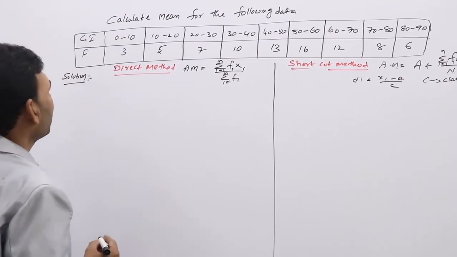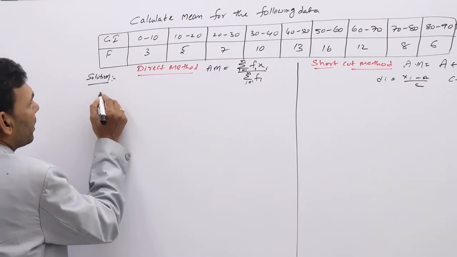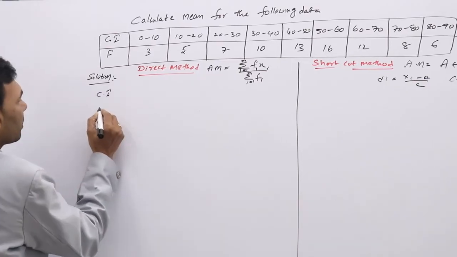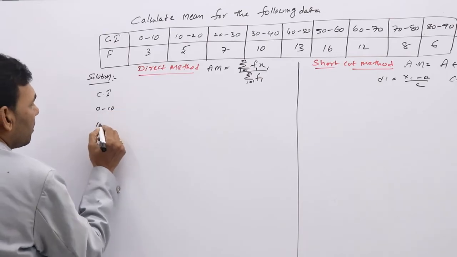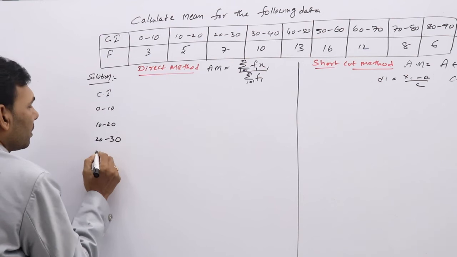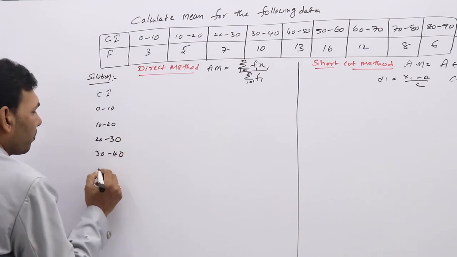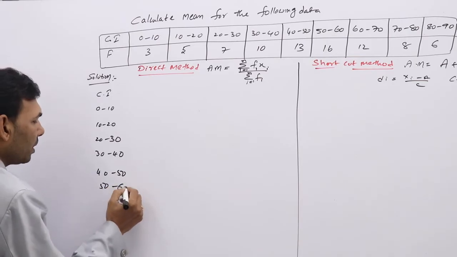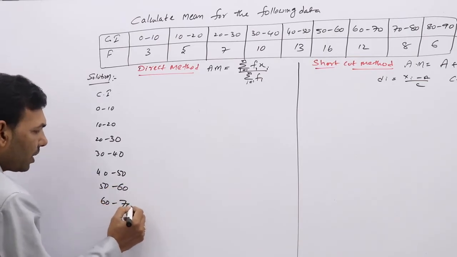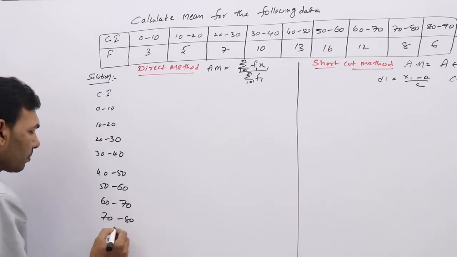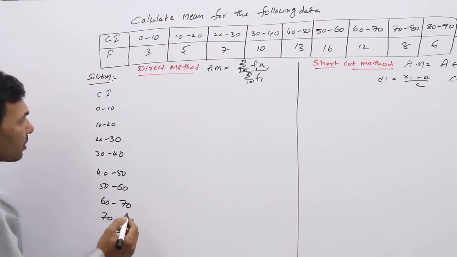Coming to the direct method, first prepare a table to get all of these. Class intervals are given: 0 to 10, 10 to 20, 20 to 30, 30 to 40, 40 to 50, 50 to 60, 60 to 70, 70 to 80, 80 to 90.